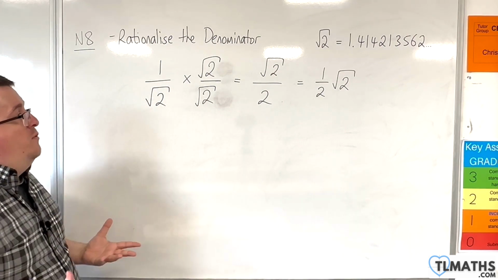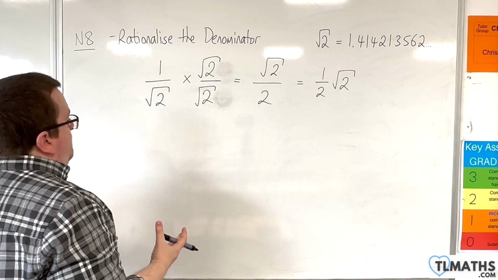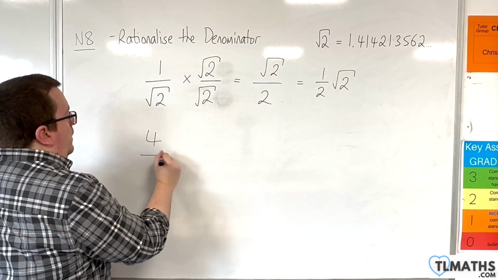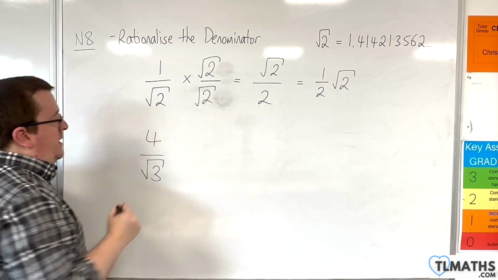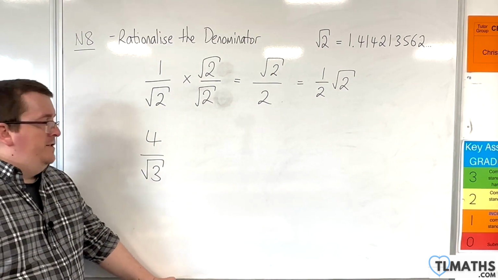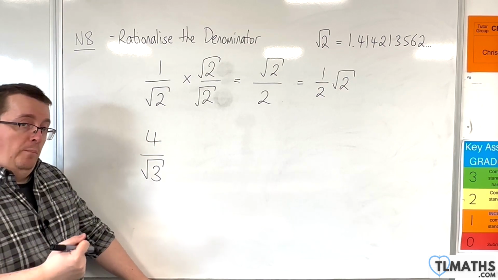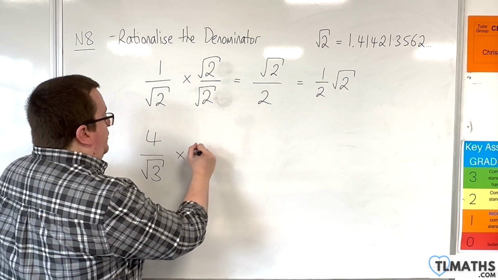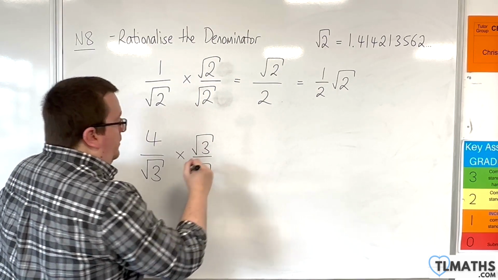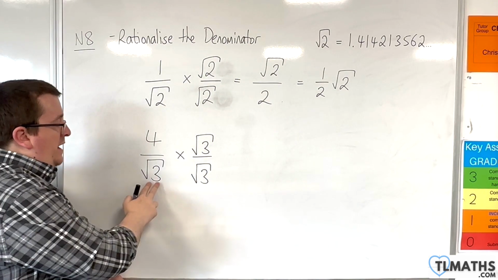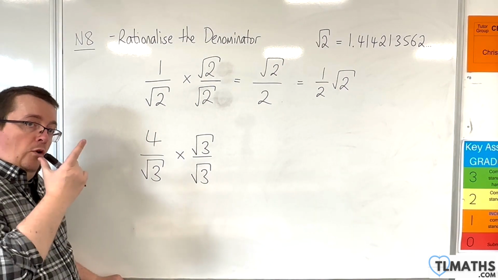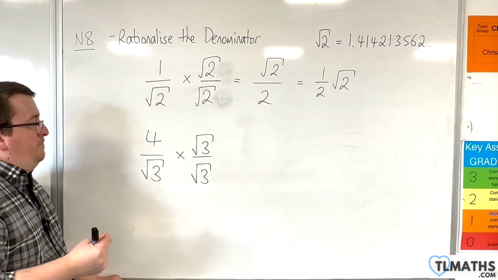And we could go through another example very easily here. So let's say I had something like 4 over root 3. 4 divided by root 3, difficult to find. So I'm going to multiply it by 1, but I'm going to choose the 1 to be root 3 over root 3, because I know that when I multiply those denominators together, I will rationalize the denominator.